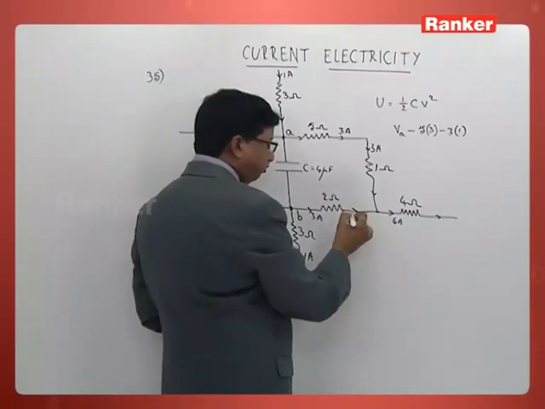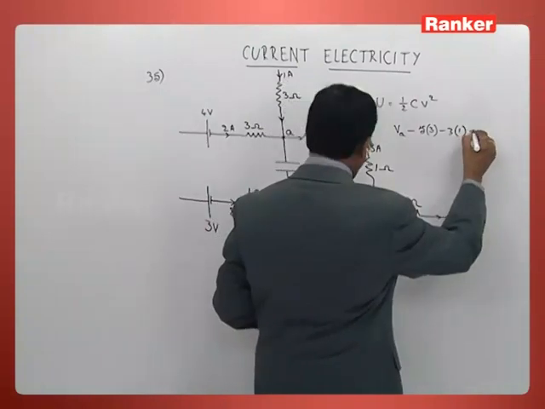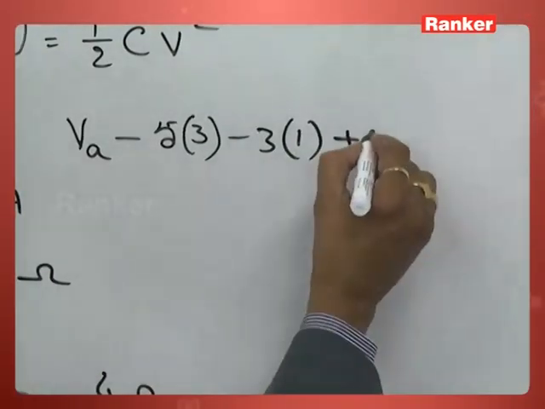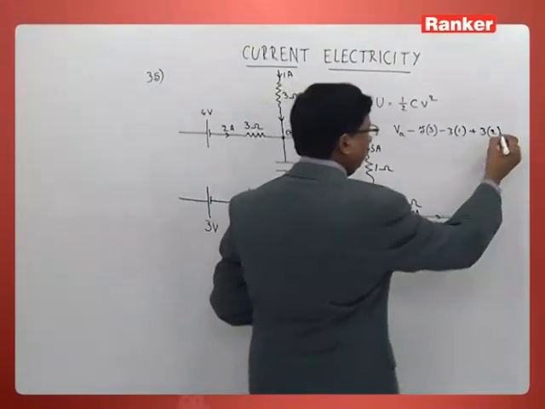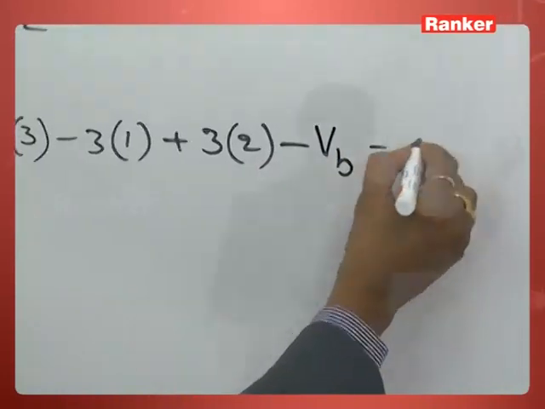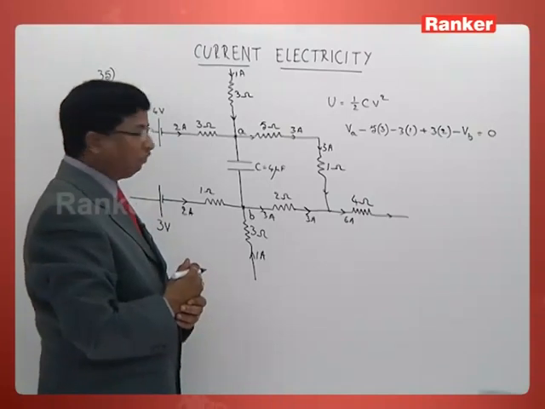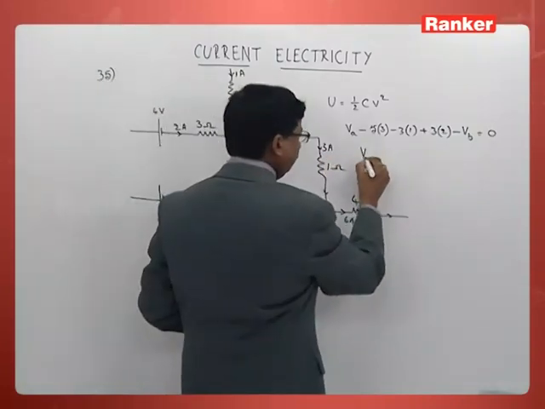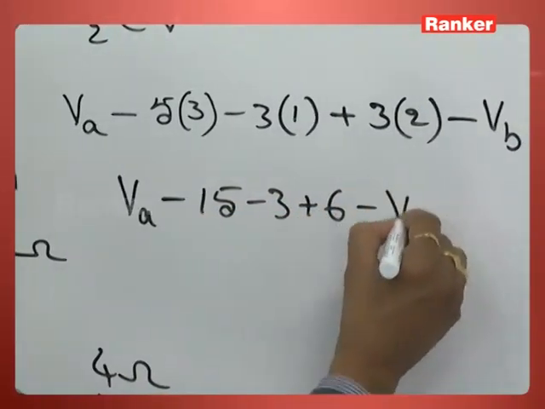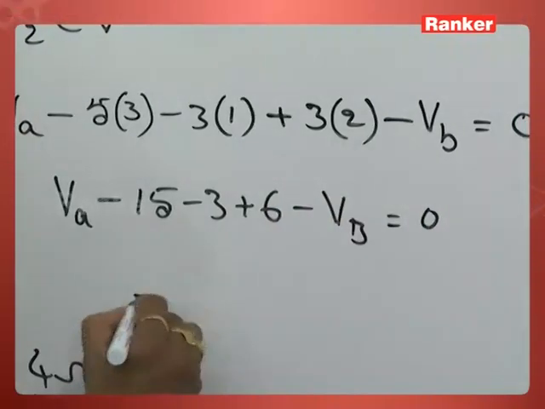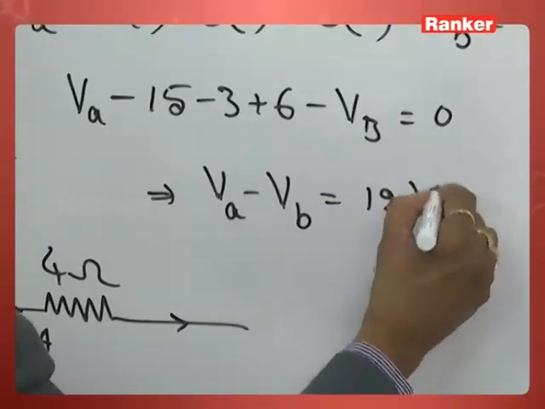Here current is moving against my direction, so I should consider this one plus, 3 ampere once again, it is 3 into 2. And of course here minus VB, that now must be 0. So what you can understand from this is VA minus 15 minus 3 plus 6 minus VB is 0. This gives you VA minus VB is now going to be 12 volt.